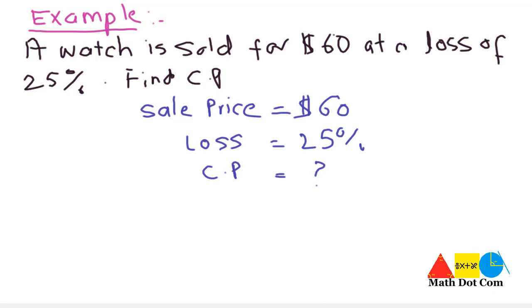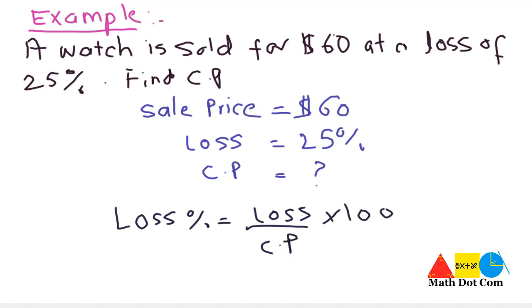Okay, can we use the loss percent formula here? Let's see. The formula of loss percent is equal to loss over CP into 100. Now we will see in this formula what we currently have, whether we can use it or not.